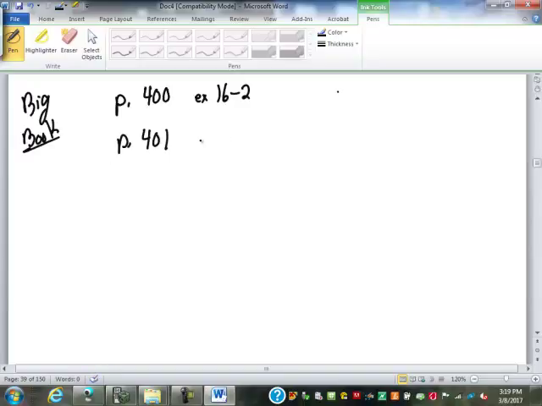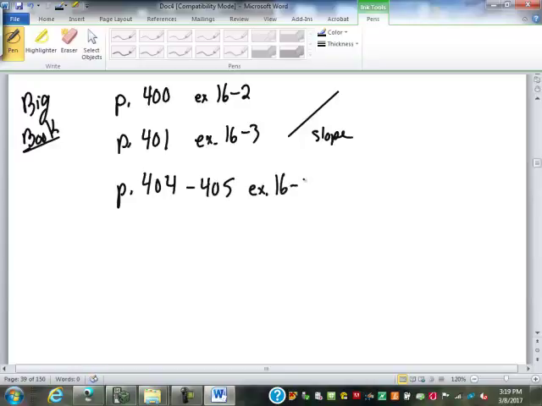Page 401, exercise 16-3, is dealing with slope. And pages 404 to 405, exercise 16-7A, that is with the slope-intercept graphing, so graphing lines. So work on those 3 pages.